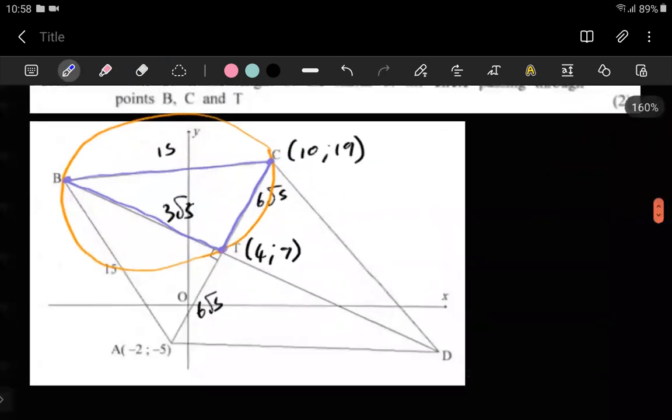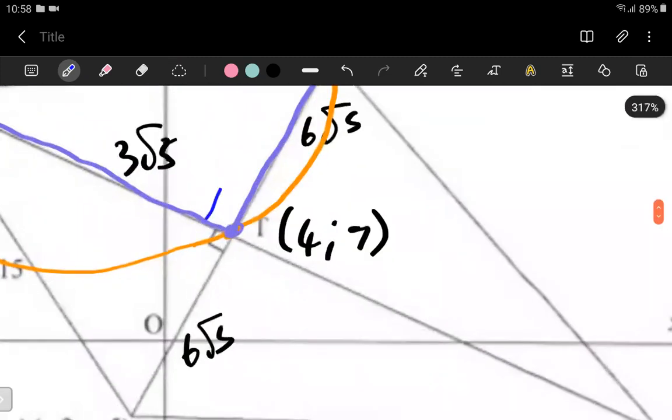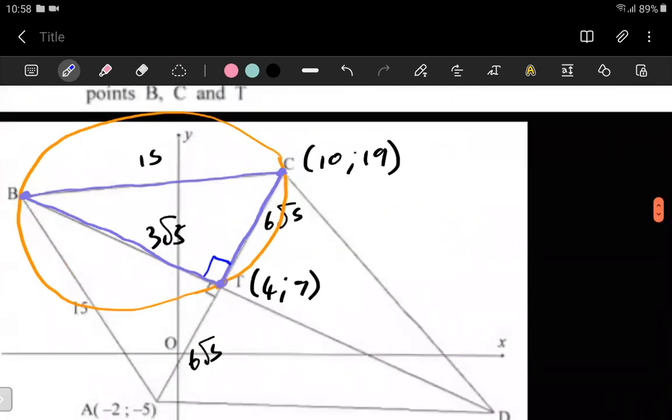This is something you probably know or maybe forgot, but it's not going to be 100% new. So you have a circle here, right? As long as B, T, and C are points that the circle touches, we can already see angle T is 90. And if angle T is 90, it means that BC is the diameter. It's more like a law.